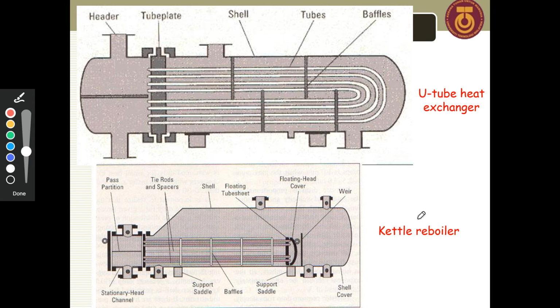By the way, a heat exchanger is not a major equipment in the plant. It is actually just a utility equipment. For instance, this kettle reboiler is used for a distillation column. The distillation column is the major equipment, but not the heat exchanger.